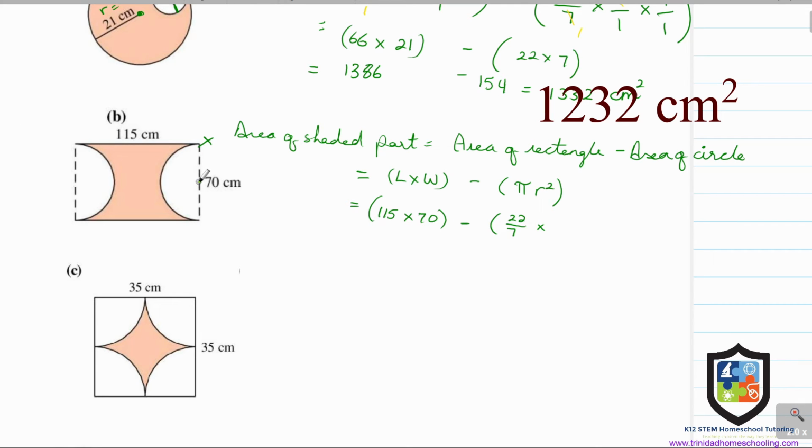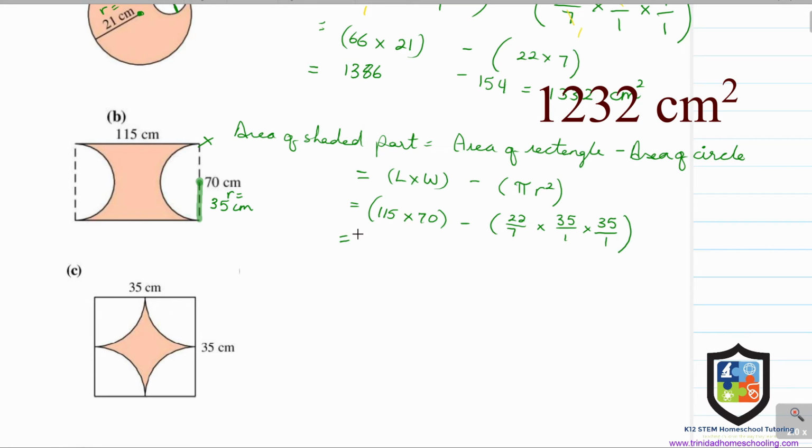So I need my radius, which is half of that. So a half of that diameter there is going to be 35. So 35 centimeters is my radius. So that's going to be 35 multiplied by 35, which is my radius squared.